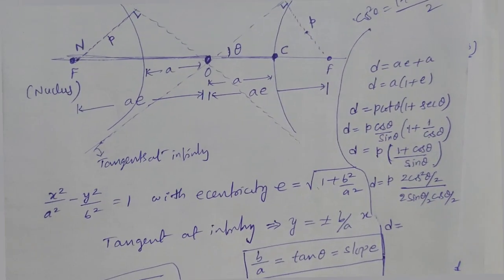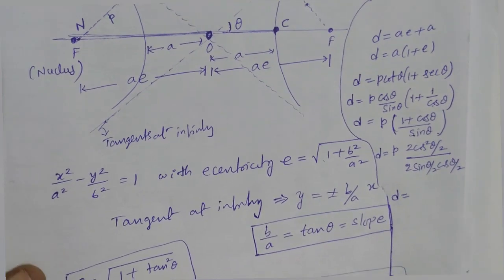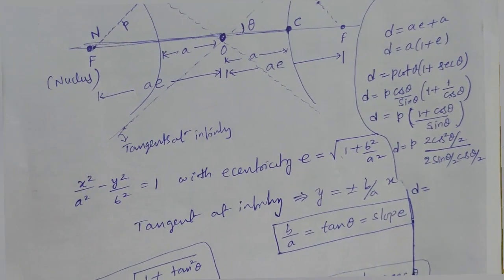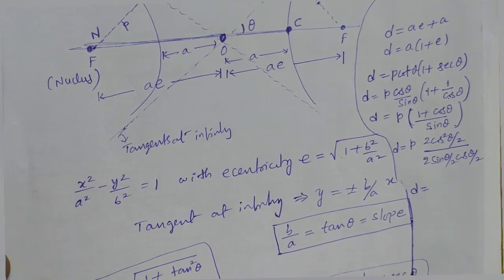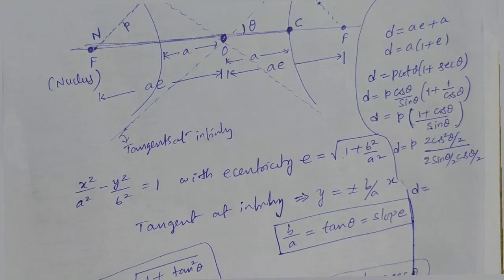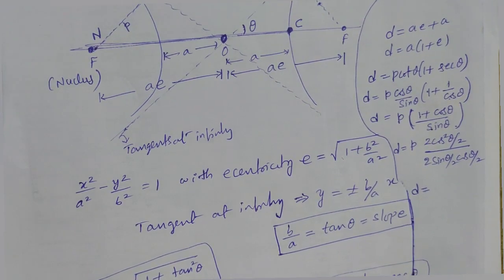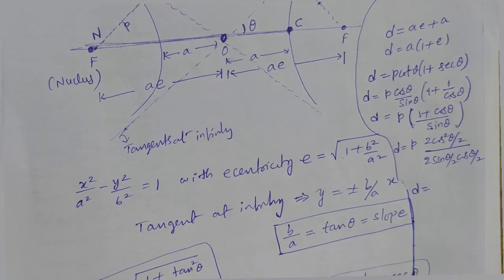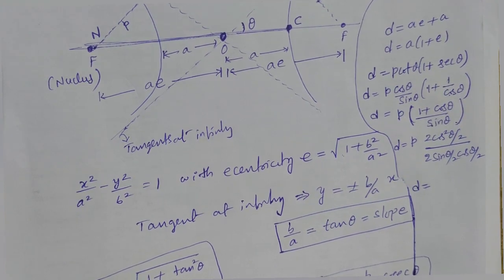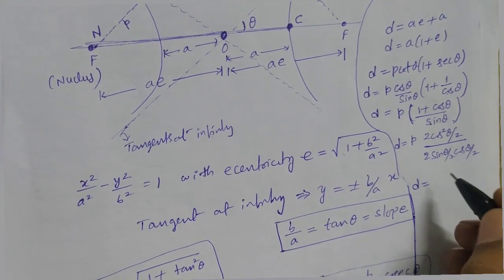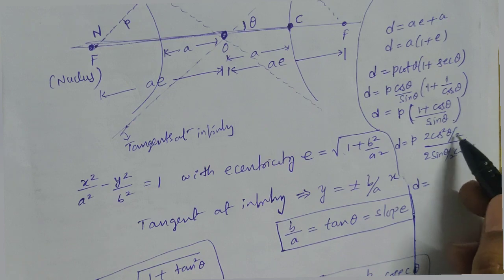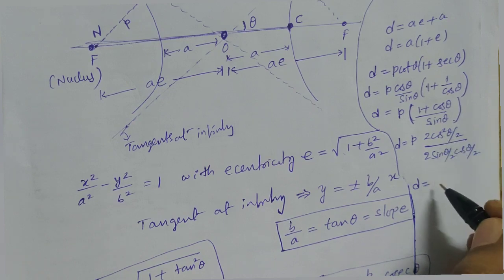After simplification, 2 cancels, cos cancels, and cos by sin will be remaining.